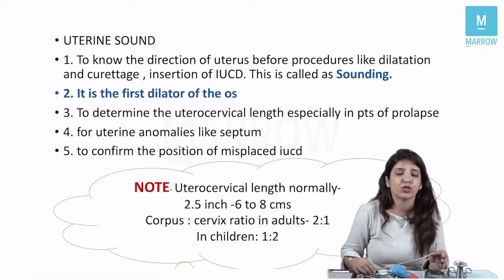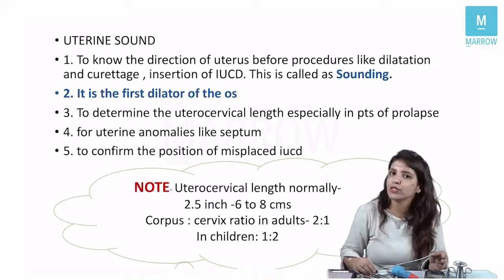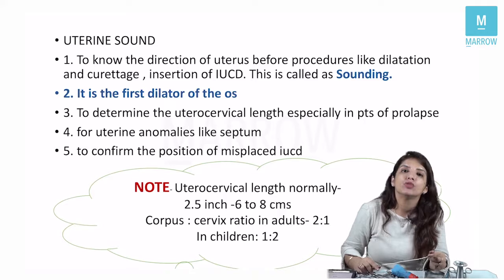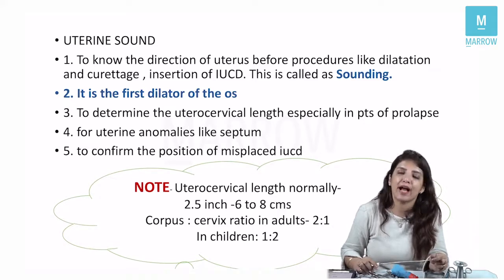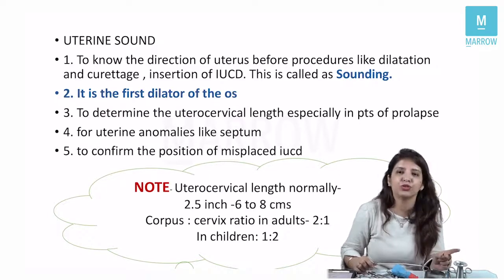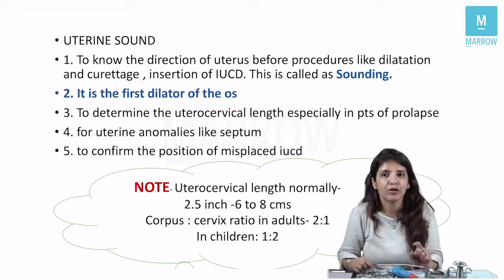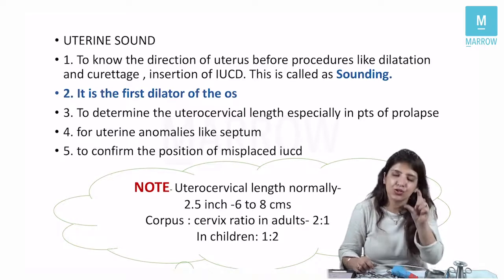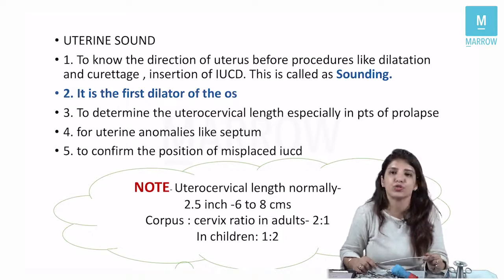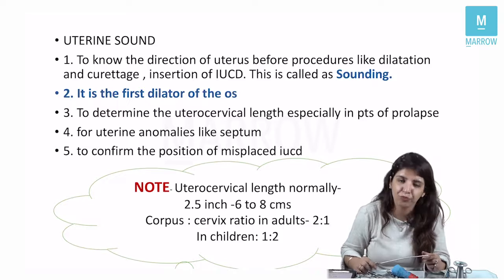Second, they can ask what the corpus to cervix ratio in adults is. The corpus is the uterine body. So the corpus to cervix ratio in adults is 2:1, or it can be 3:1 also. But remember, in childhood this ratio is reversed. In children, the cervix is longer than the uterus, so the corpus to cervix ratio is 1:2.